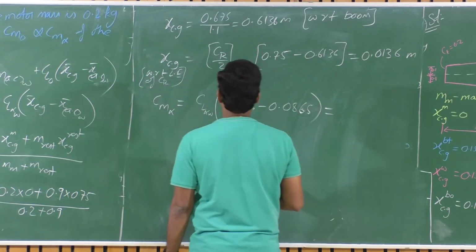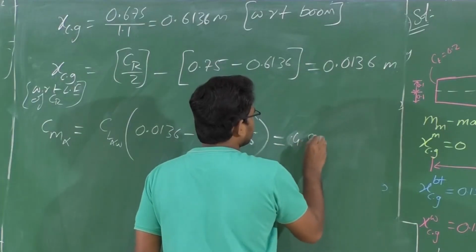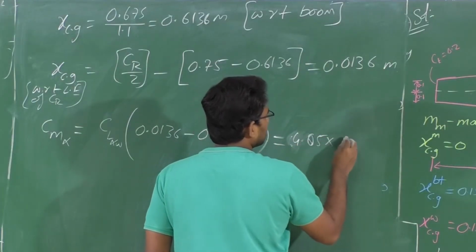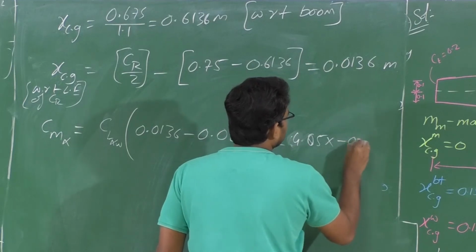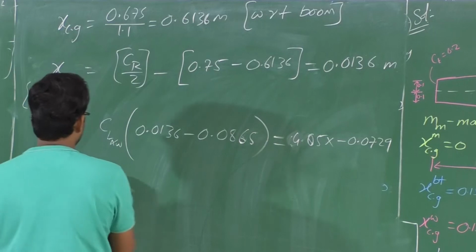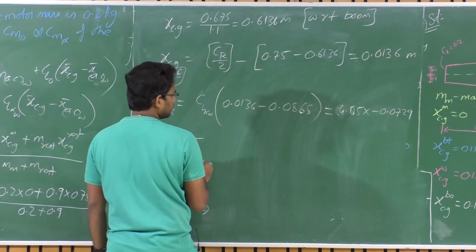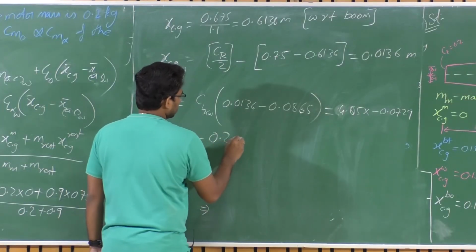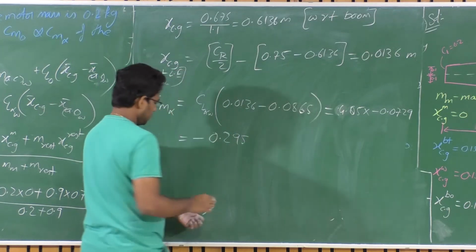So this is approximately 4.05 multiplied by minus 0.0729, which equals minus 0.295, closely minus 0.3, right?